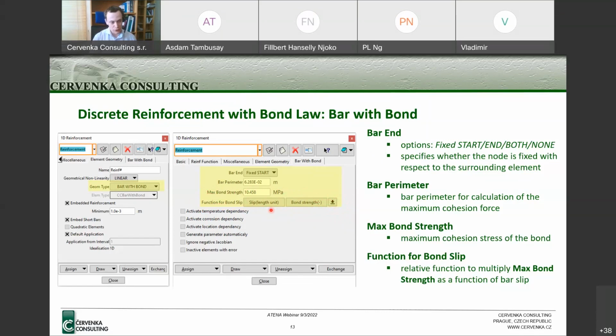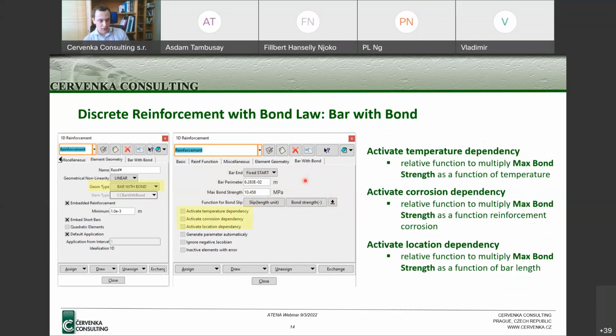The units of the slip are the units which you are using for your analysis. In most cases, it will be meters, but in GiD you can also switch to another unit system. Based on the unit system that you choose, the units of slip should correspond to it, and the bond strength is relative with respect to the maximum bond strength.